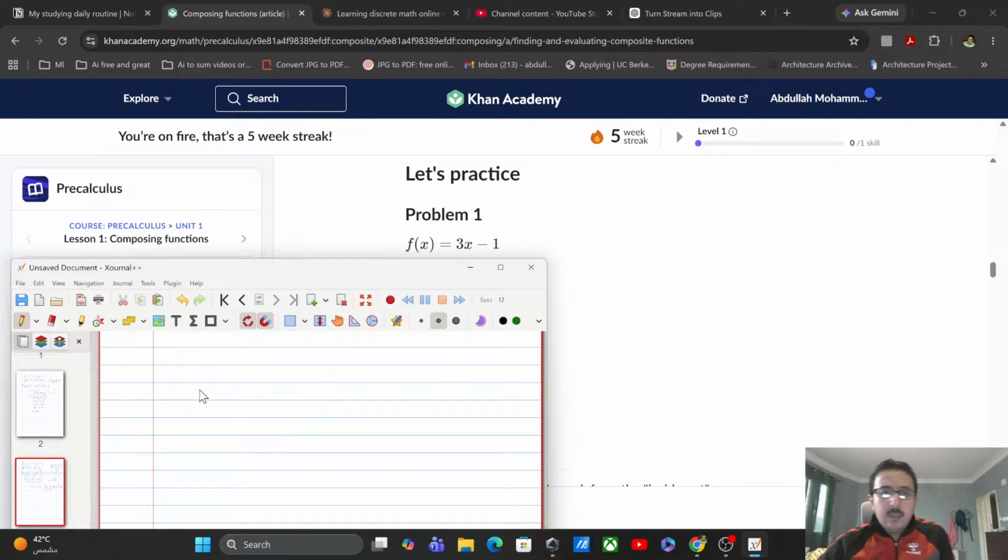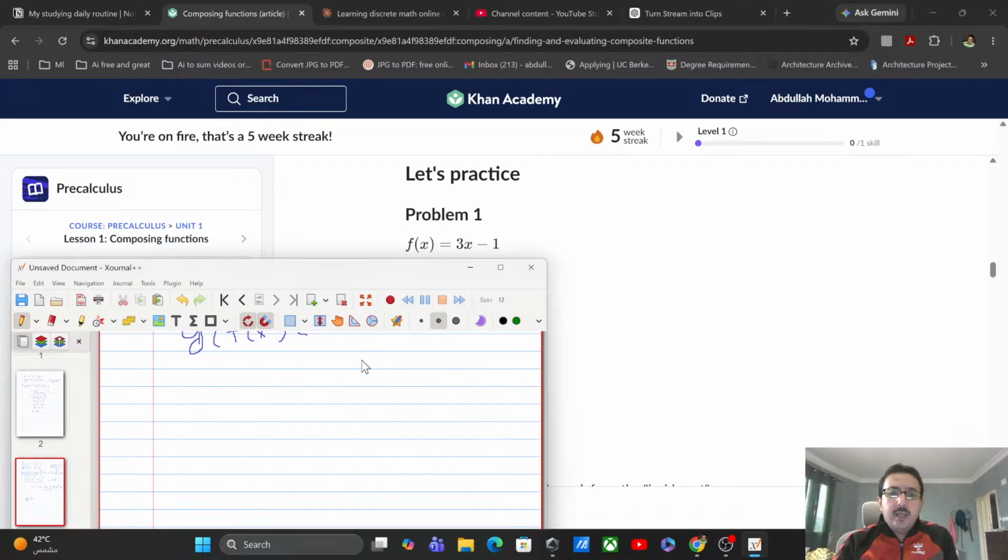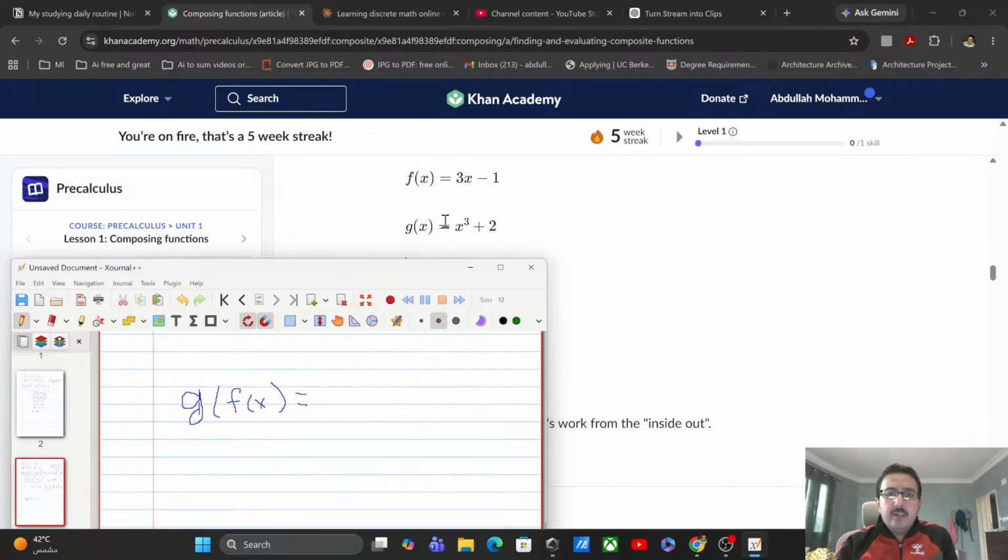Get g of f of x equal, what I have here is 3x minus 1 all squared plus 2.